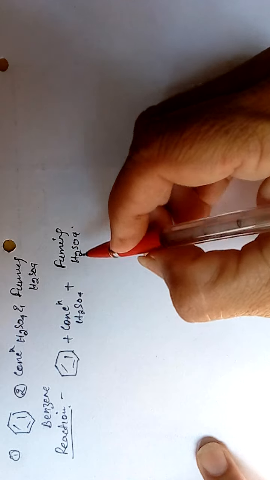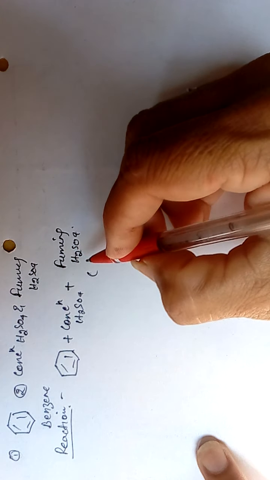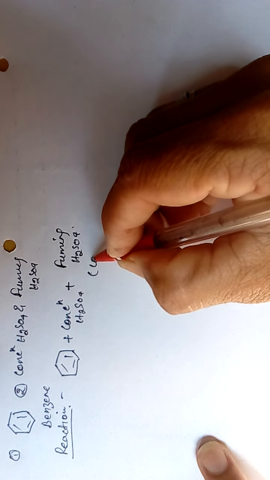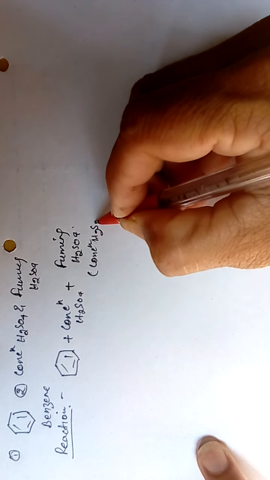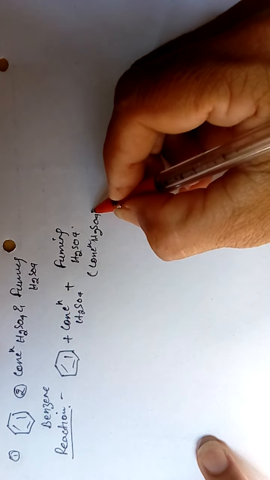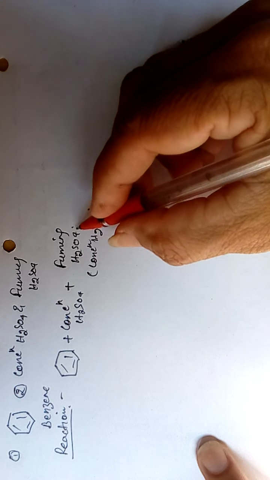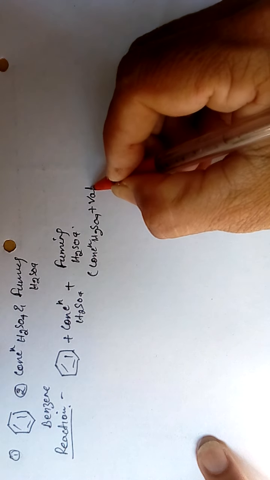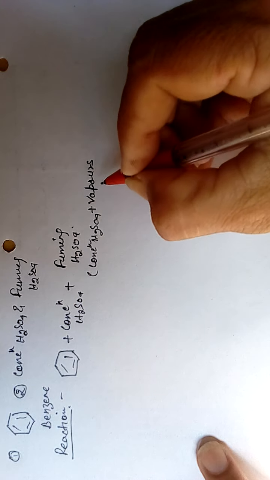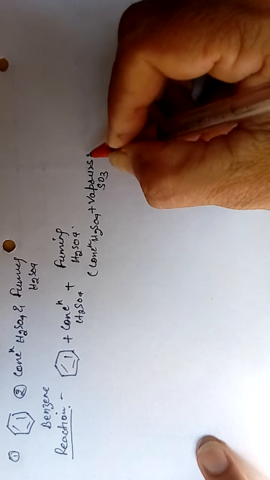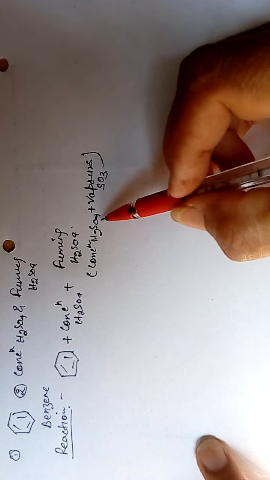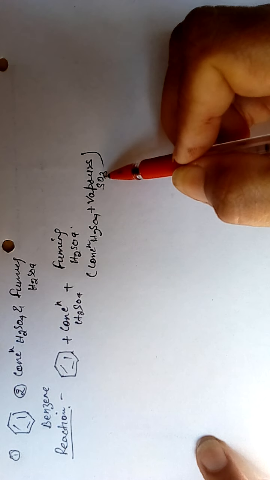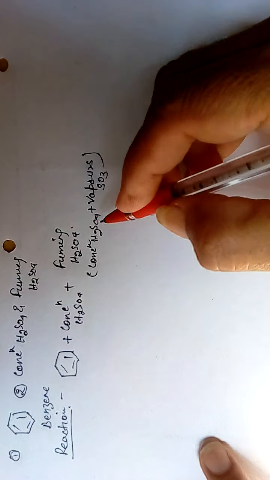What is fuming sulfuric acid? Fuming sulfuric acid contains concentrated sulfuric acid and vapors of sulfur trioxide.